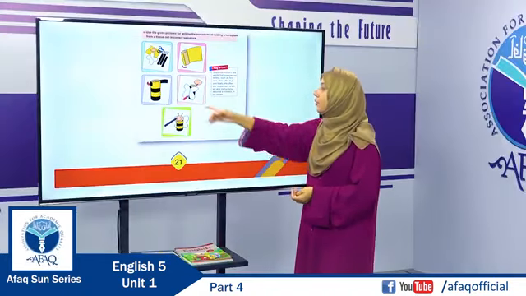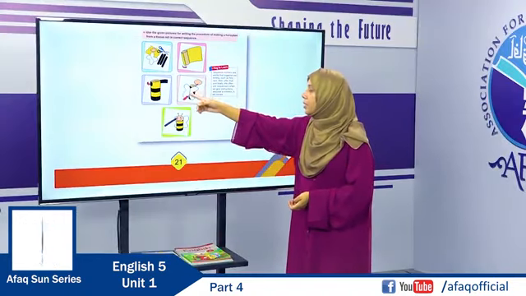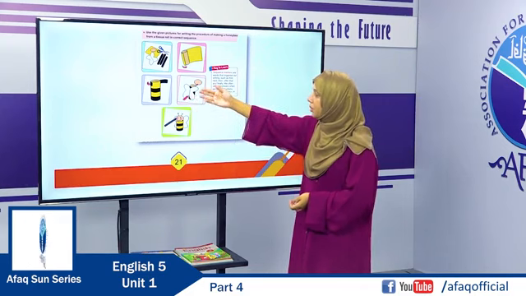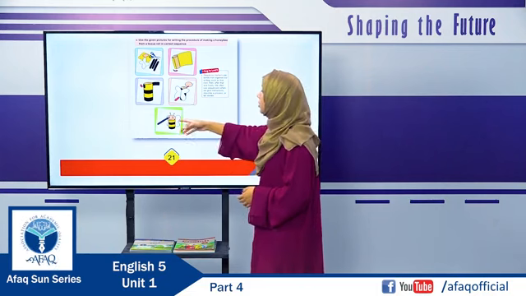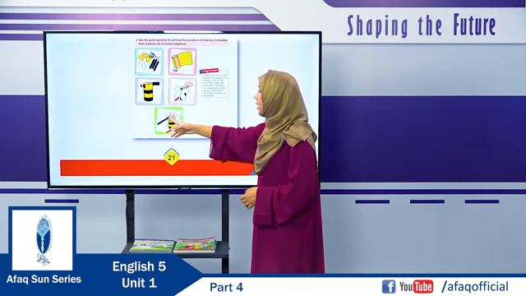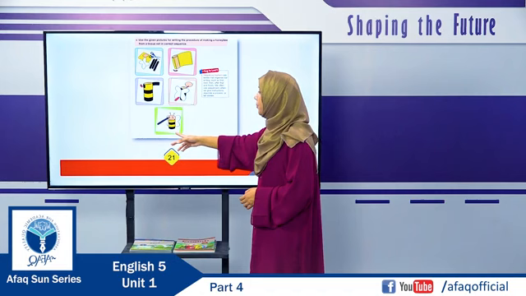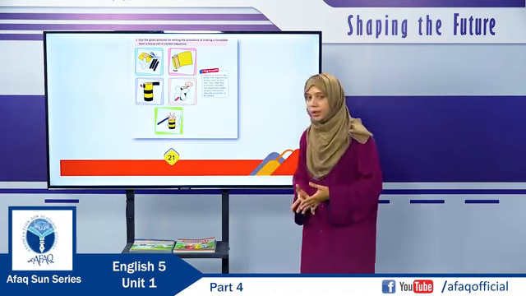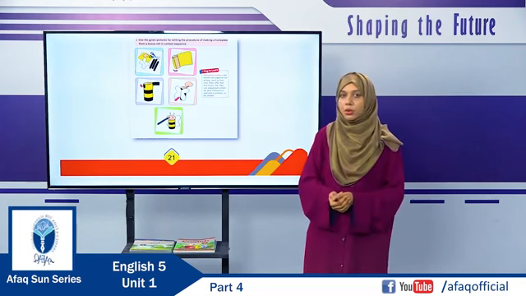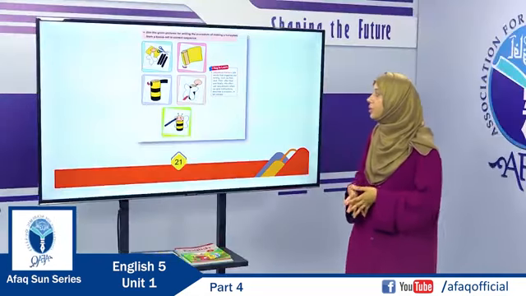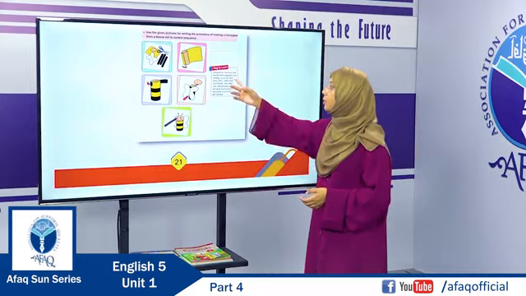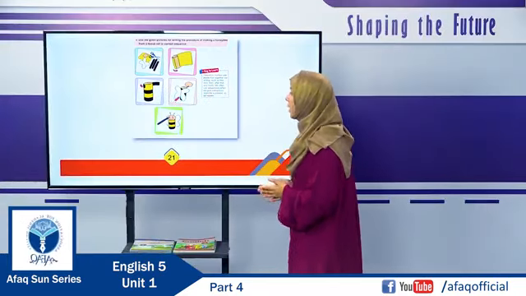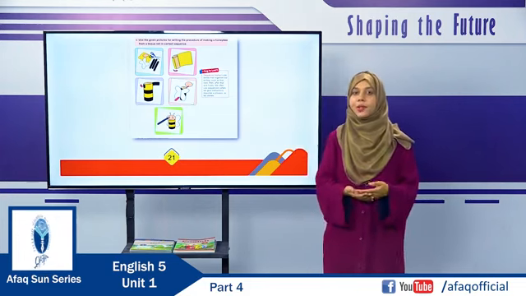After that, we will stick these wings to the tissue roll, and finally we are going to draw the eyes and the mouth of the honeybee. So this is a procedure of making honeybee from a tissue roll. And as you can see, I used different sequence markers: first, next, then, after that, and finally when I was explaining this sequence to you.